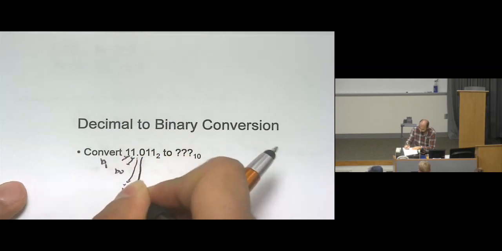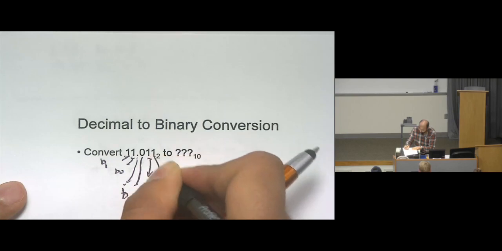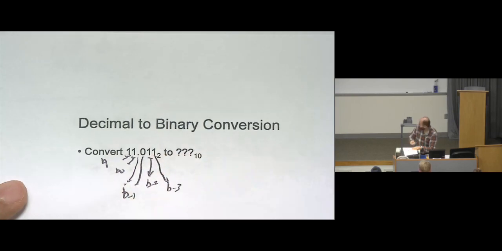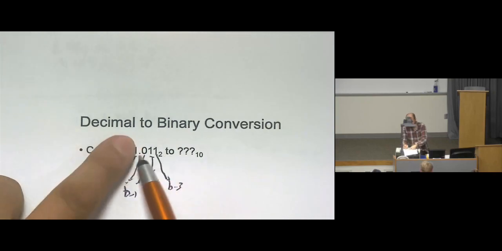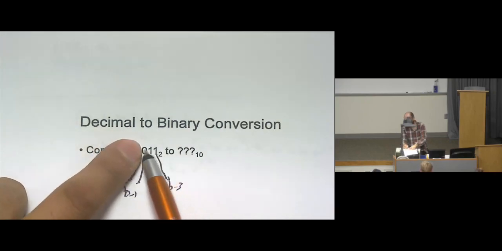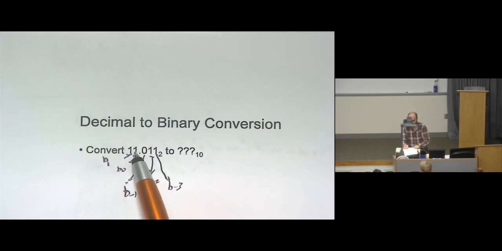This is B-1, this is B-2, and this is B-3. Okay? That's why we have negative powers after the point, and before it we start from 0, 1, and so on.